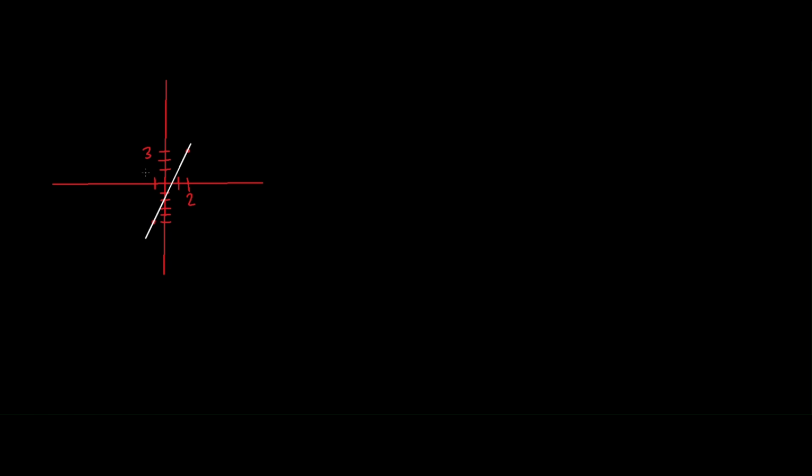So let's start by finding the slope. Let me just quickly label these. So let's find the slope. As we said before, the formula for slope is m equals the change in y over the change in x. So right here, what would be the change in y and the change of x?